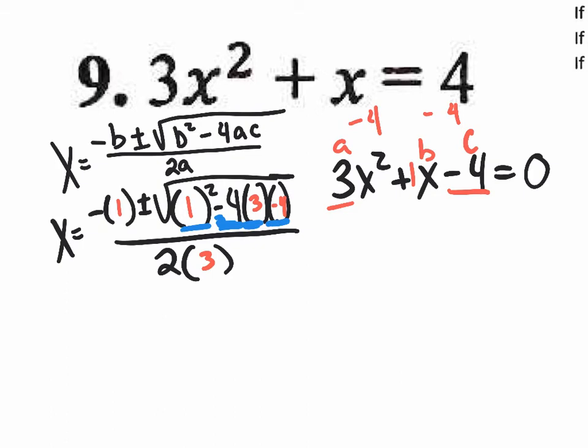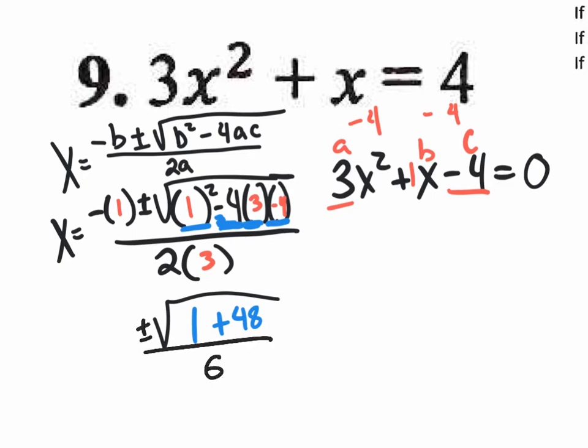So inside this square root, we have a 1 with a positive 48. You guys agree? The 1 came from the 1 squared, and the 4 times 3 times 4 is 48, and a negative times a negative is a positive. And we still have it over 6. We still have a plus or minus in front of the root, and we still have a negative 1 out in the front.